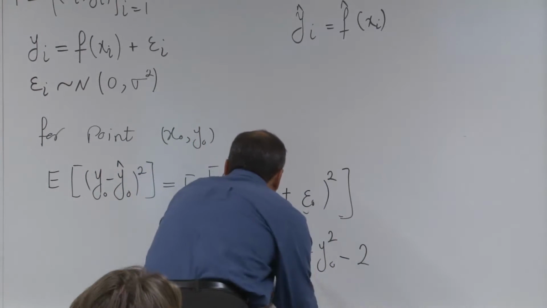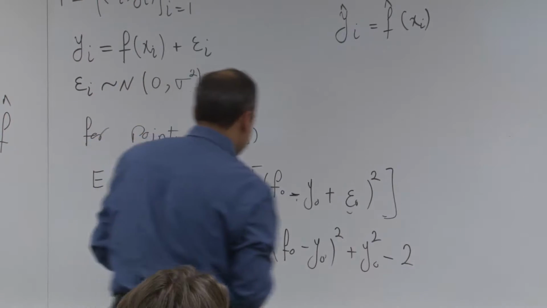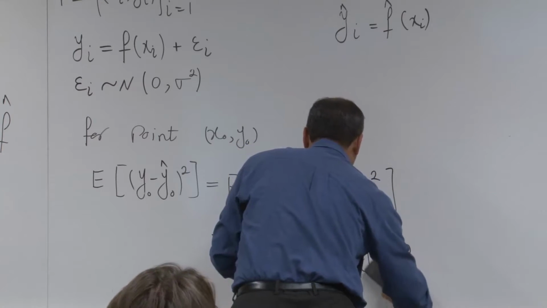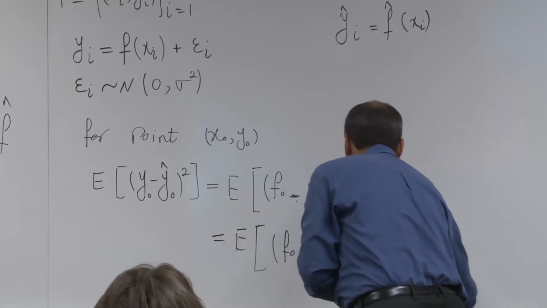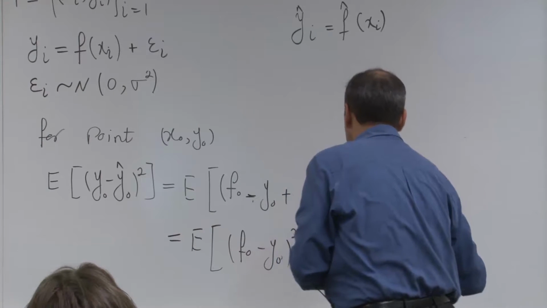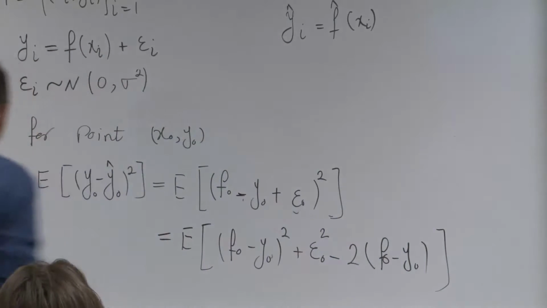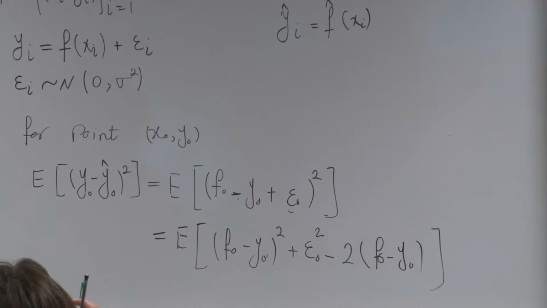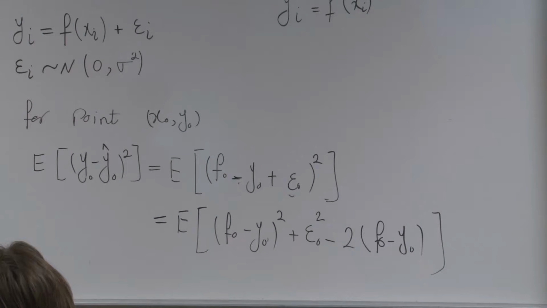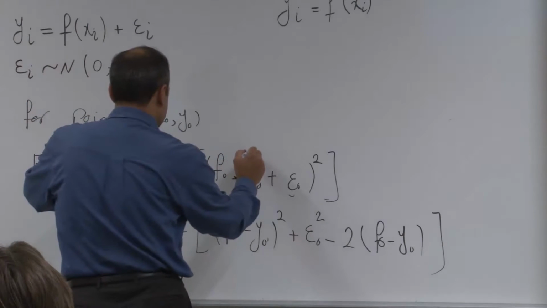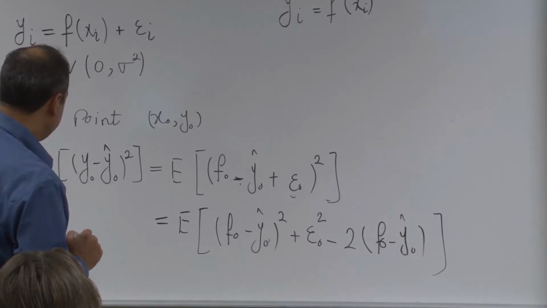So it's f null minus y null squared plus epsilon squared minus 2 f null minus y null. Shouldn't that be y hat? Yes, f hat null. This is y hat, right? Yeah.